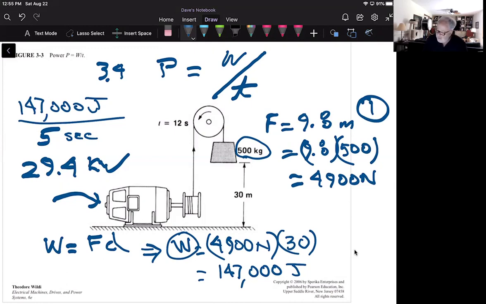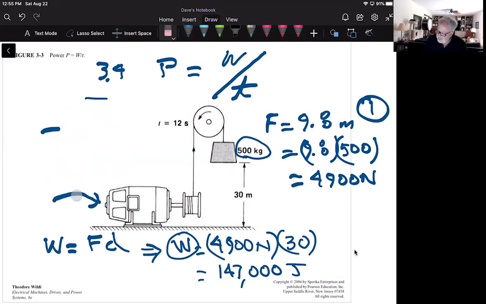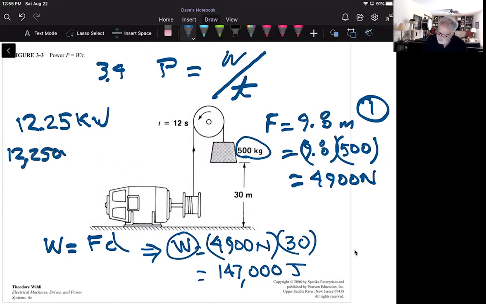All right, now let me wrap this one up. The final thing we wanted to look at here was to do a conversion, where from our original answer at 12 seconds, 12.25 kilowatts, we want to know how many horsepower that is. So that's 12,250 watts.